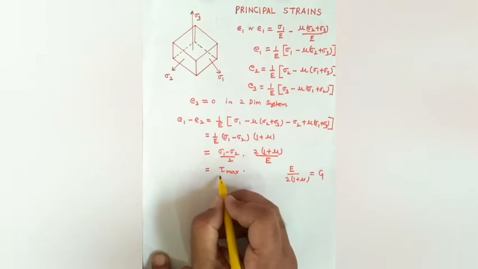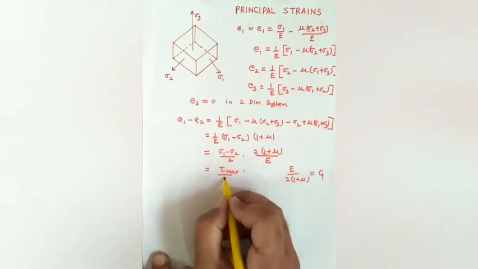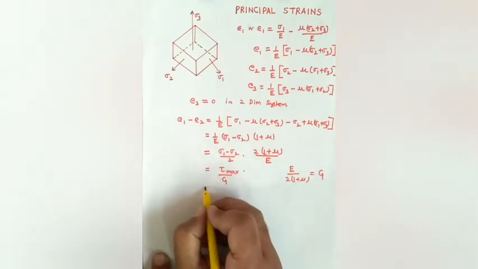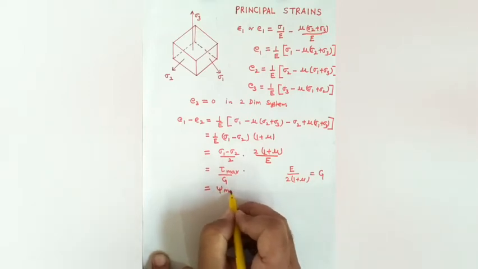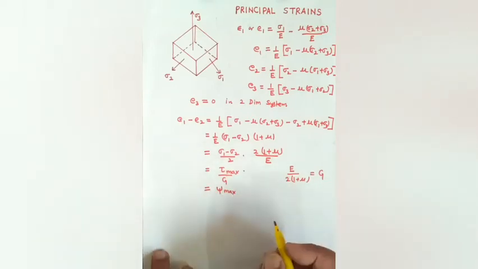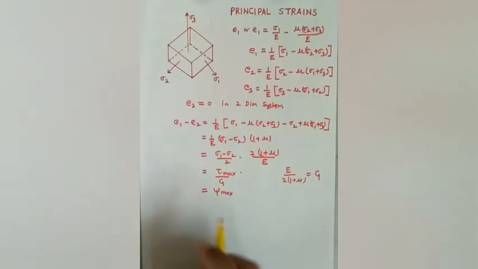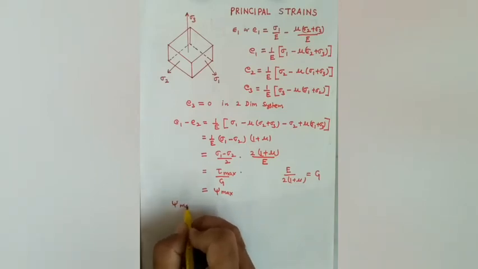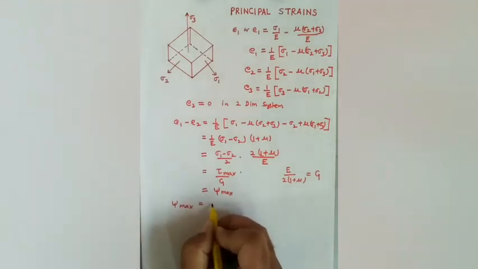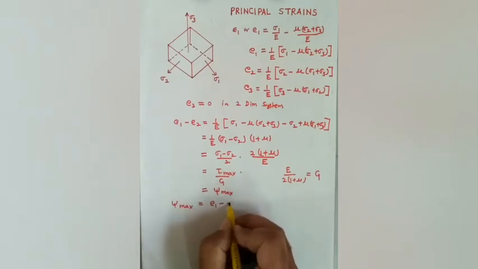So we can write tau max by G, which is nothing but the maximum shear strain, or psi max. So in a two-dimensional system, we can say the maximum shear strain psi max is equal to the difference of the principal strains E1 minus E2.